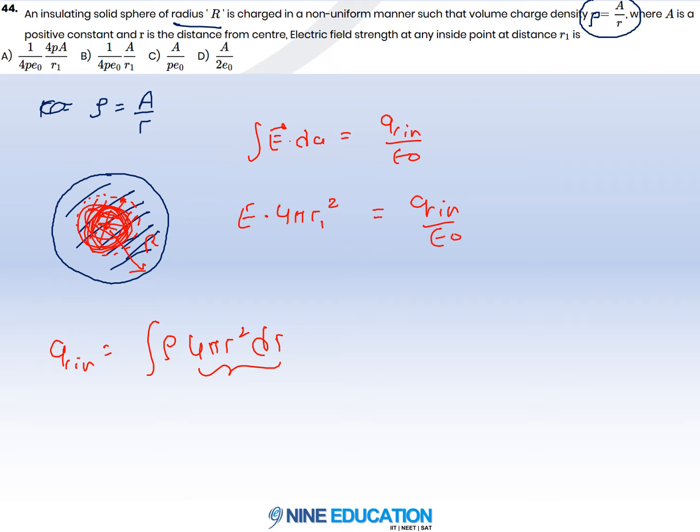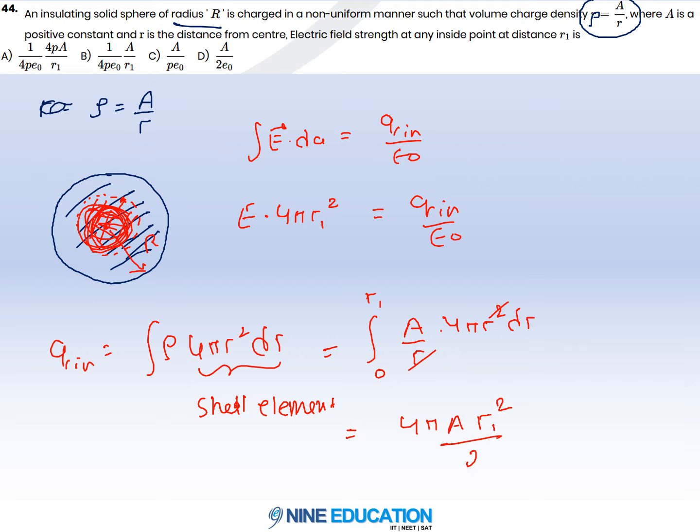We are taking a small spherical shell element, and rho is A by r into 4 pi r square dr. The r will cancel out, integrating from 0 to r1. So what we are getting is 4 pi A, and the integration of r is r1 square by 2.